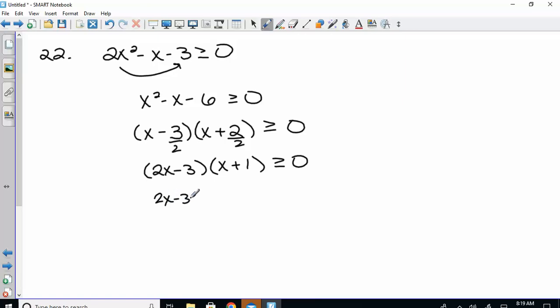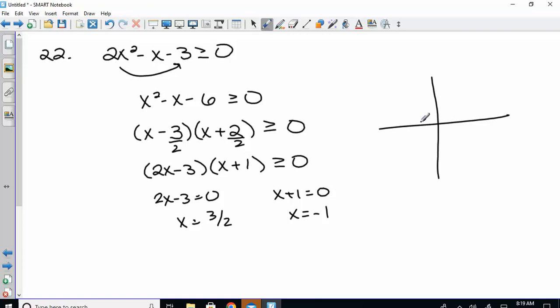Alright, if you set those equal to 0, we get a positive 3/2 and a negative 1. And what I've asked you to do to finish it is to draw me a rough sketch. So, those are your x-intercepts. We hit our x-axis at 1.5 and negative 1.